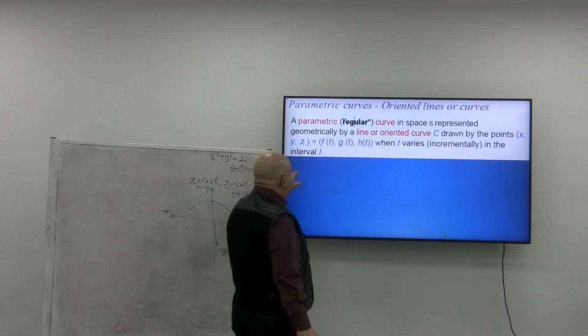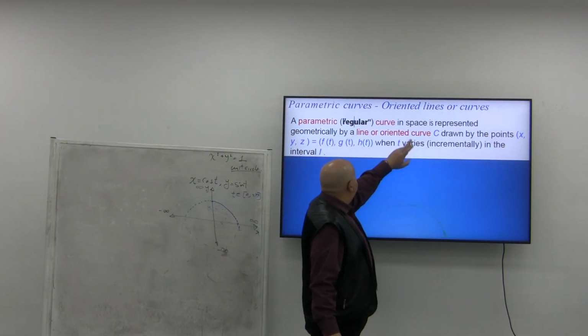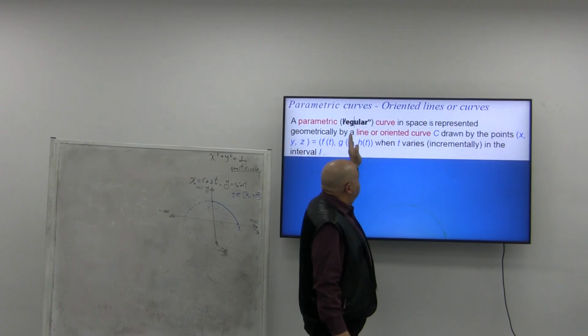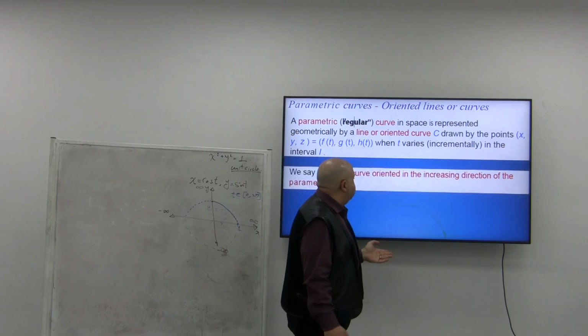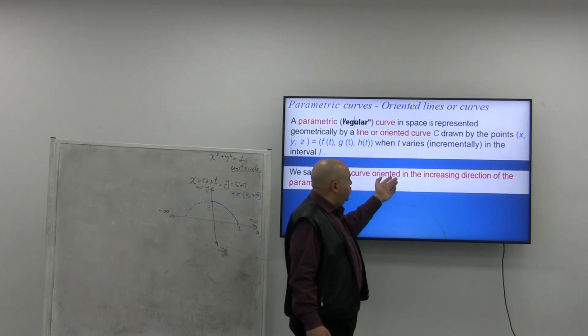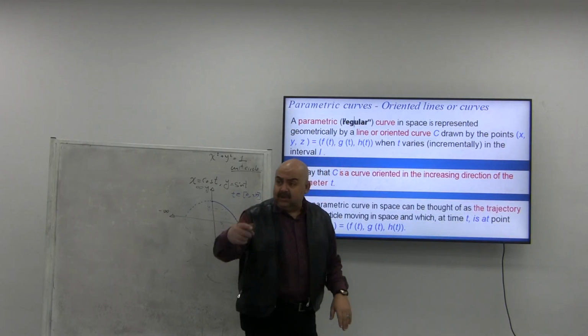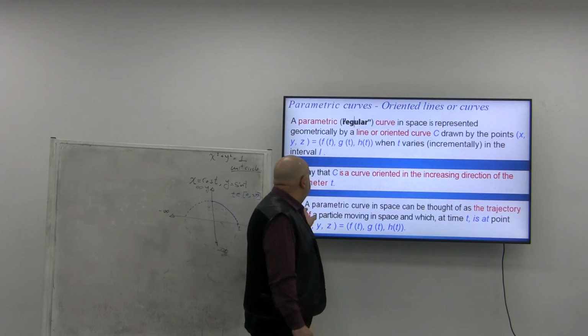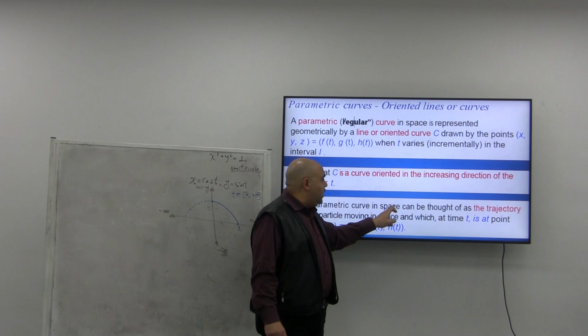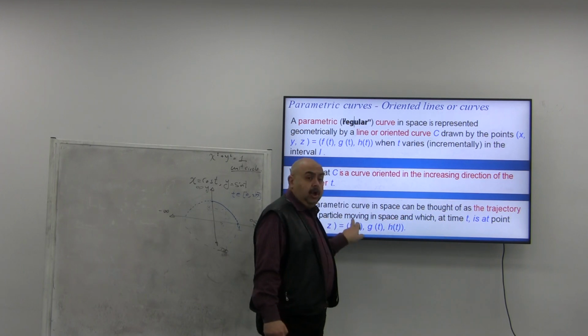Once more, a parametric or regular curve in space is represented geometrically by a line or curve C drawn by the points. When t increases, C is also oriented in the increasing direction, as we saw right now with the spiral. A parametric curve in space can be thought of as the trajectory of a particle.